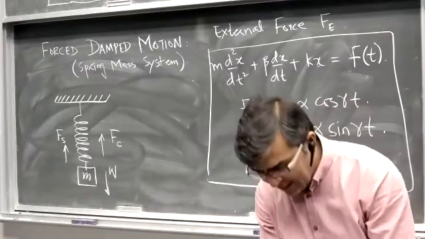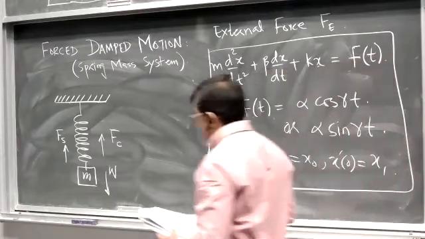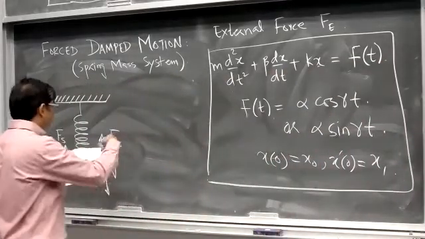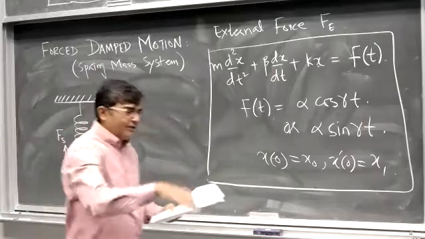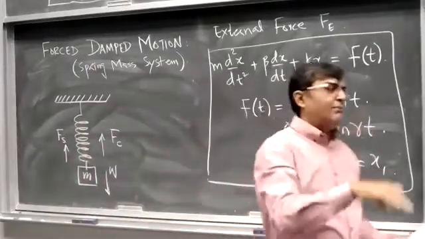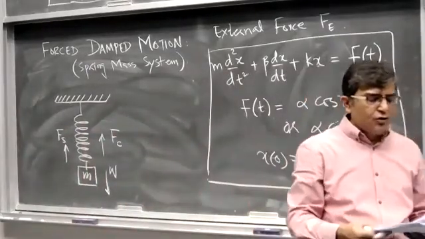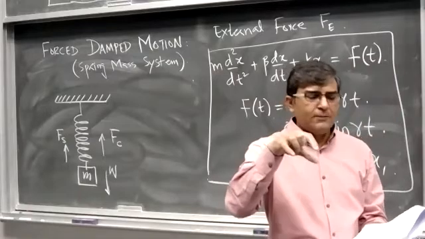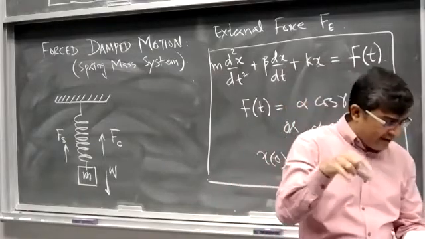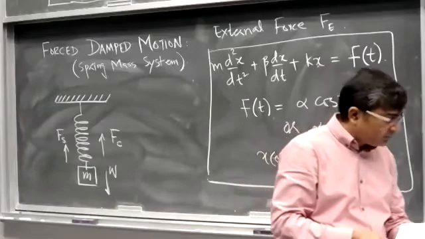You can also call it forced oscillation. Forced damped motion, because you are forcing the oscillations of the mass by imposing a force on the support where the spring has been attached.